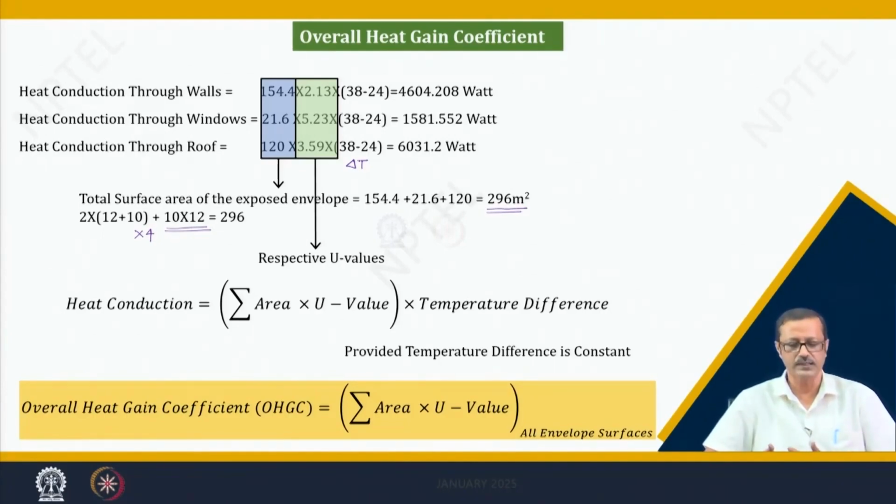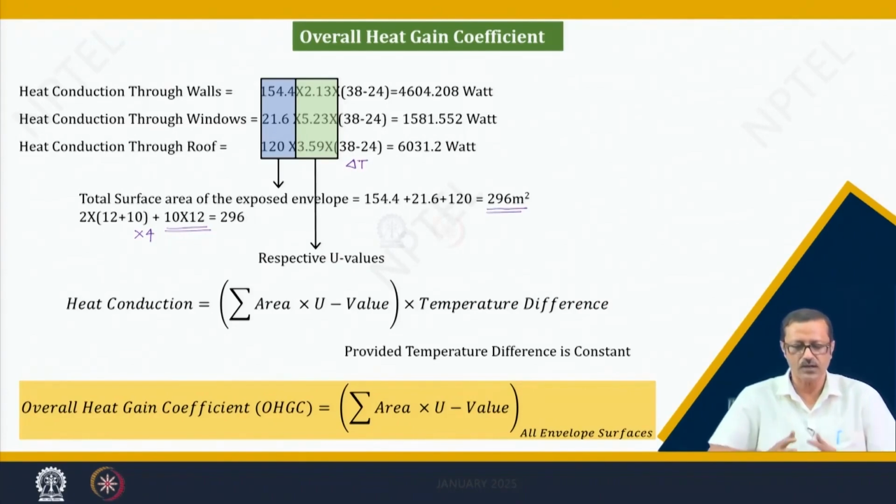If this overall heat gain coefficient is higher, definitely it will admit more heat. So, that will give you a kind of health of the building. If it is low, then it will not admit that much, right.